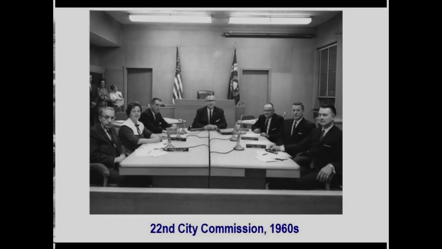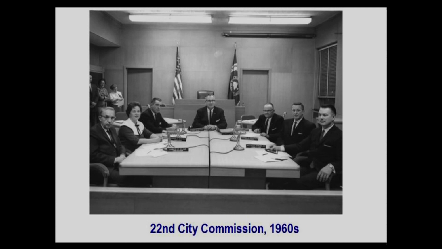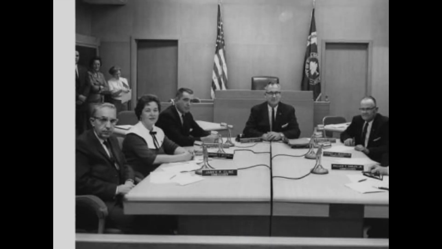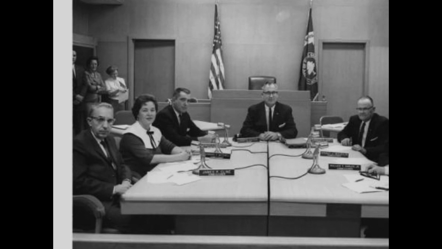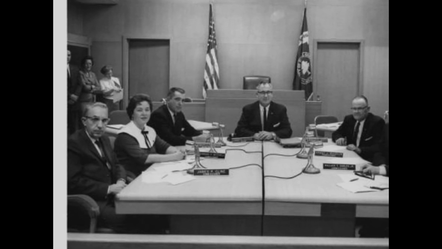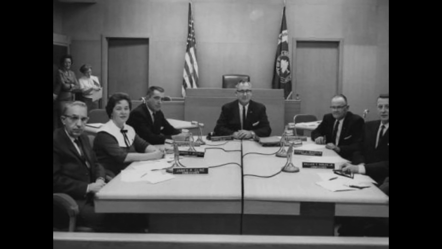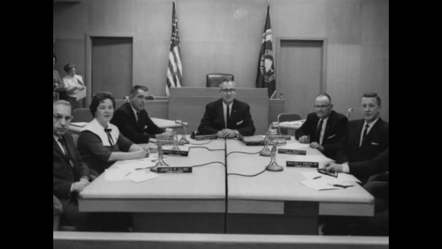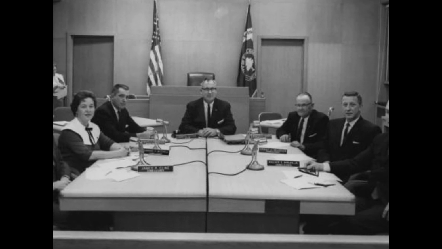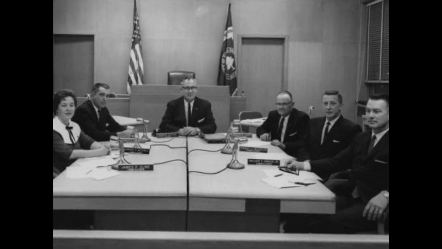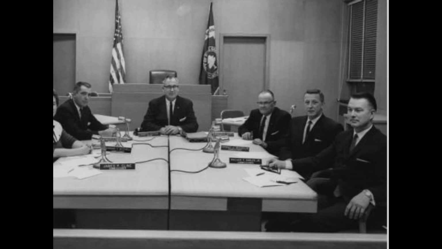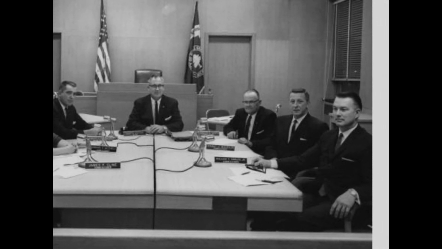This is a photograph of the 22nd City Commission in the 1960s. And as I said, I think in an earlier class, if you have a copy of Twigs and Acorns, I have listed in here all of the mayors and all the city commissioners of the city. And I probably won't be able to find those pages in here and I failed to mark them. But here it is, right here.